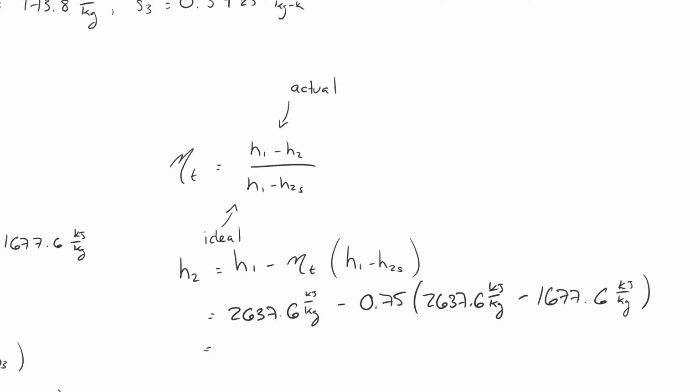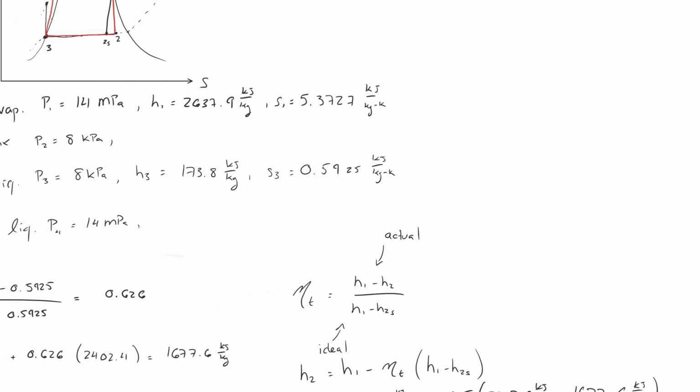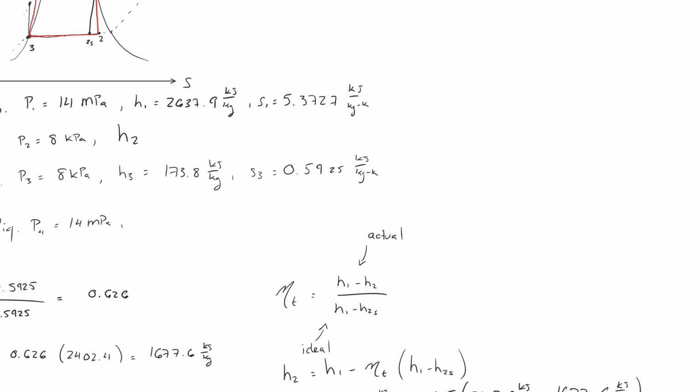Okay, so now my actual value of enthalpy at state 2 is 1917.6 kilojoules per kilogram. So you'll note because the enthalpy leaving the turbine is a bit higher now, I'm not able to extract as much work from the turbine as I would have been able to do before. Okay, so now I can come up here and plug that value in to my, we'll call it property area.